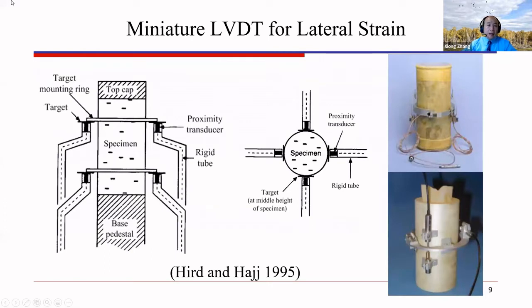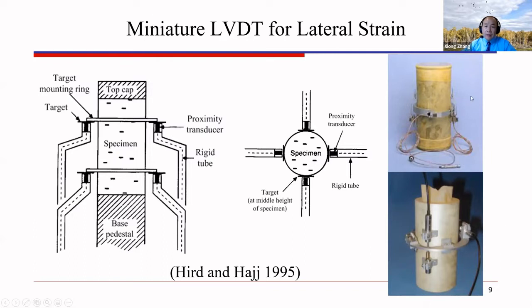So another method might be to use specially designed miniature LVDTs to measure the lateral strain and then use a conventional LVDT to measure the displacement in the vertical direction.